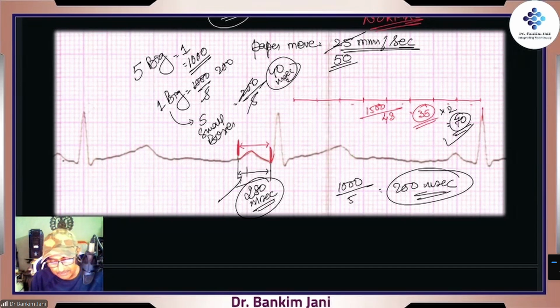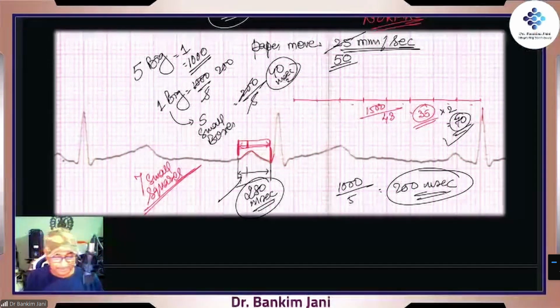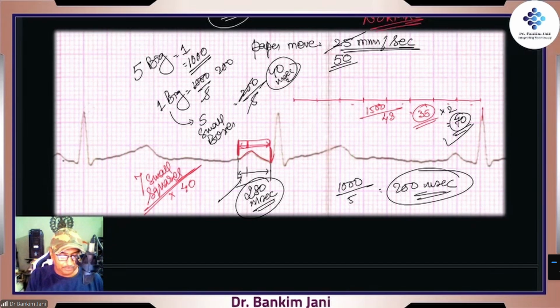So this is one big square from here to here, and plus it is also taking 2 small squares. So in total there are 7 small squares. Now each small square was how much? 40 millisecond. So multiply it by 40, and that gives you the value 280 milliseconds. Now clear?